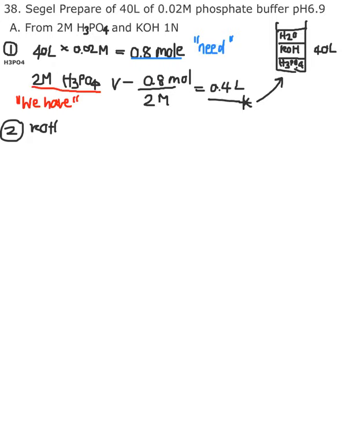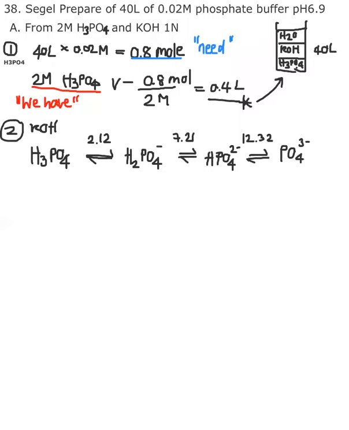This equation shows you how phosphoric acid gives its proton. Because we are starting from H3PO4, and the equation doesn't give you the pH of the H3PO4 you're starting with, we assume that what you are given is very, very acidic. So the pH of H3PO4 right now might even be less than 1.